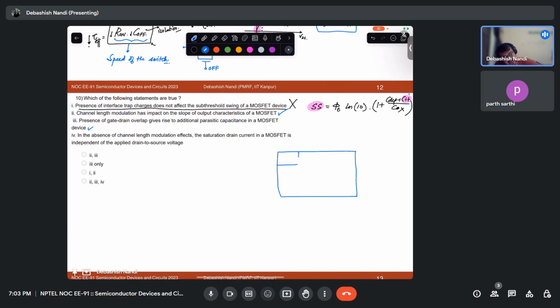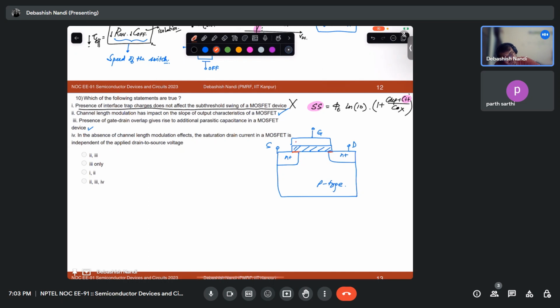That means that if you have some oxide, like this is drain, this is source, this is P type. So you will have these overlap regions, right?